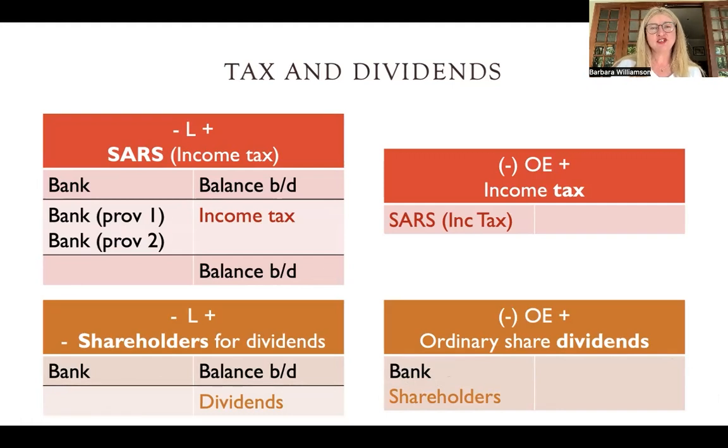I have seen situations where it's declared and then it's not actually necessarily paid out immediately. So you can use shareholders for dividends here instead, but often we use bank. We would usually just say in our exams it was paid, and so you'd have a bank entry. So this bank entry over here is your interim dividend in the ordinary share dividends account.